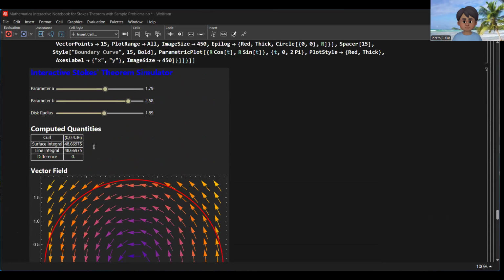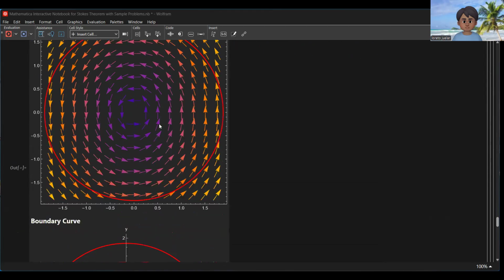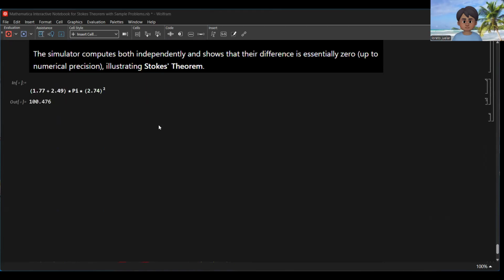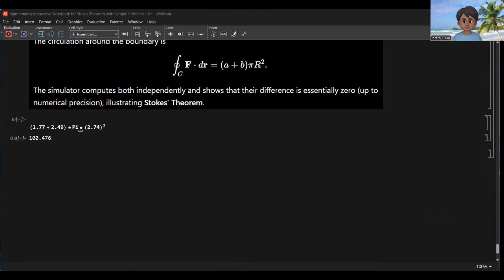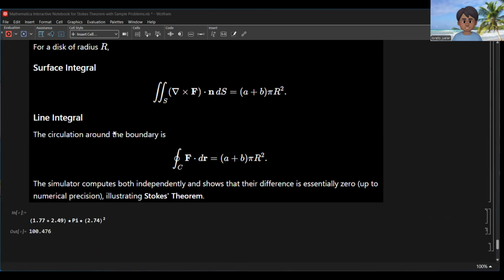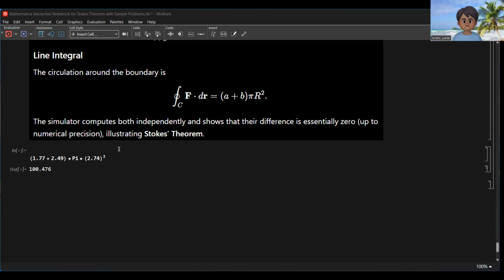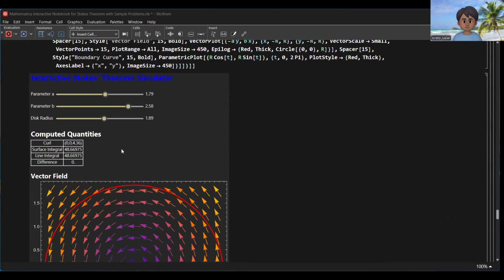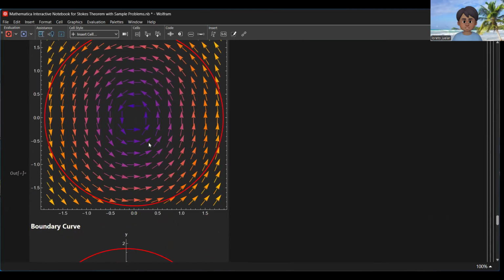So like this one, we can have in our example 1.77 and 2.49. Then the radius is equal to 1.89.